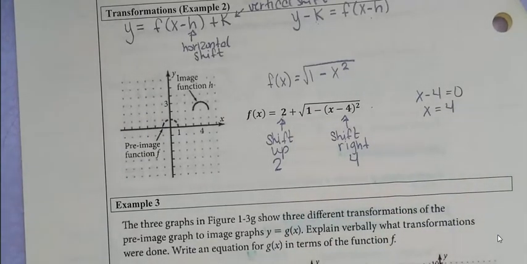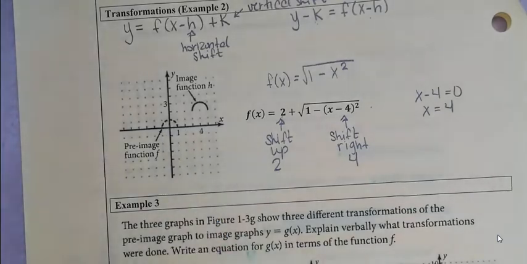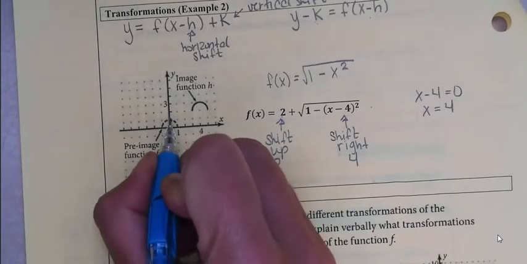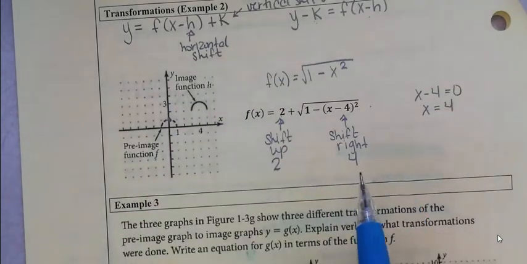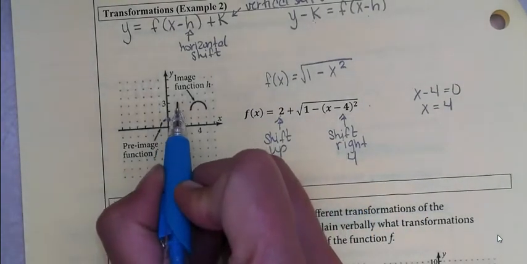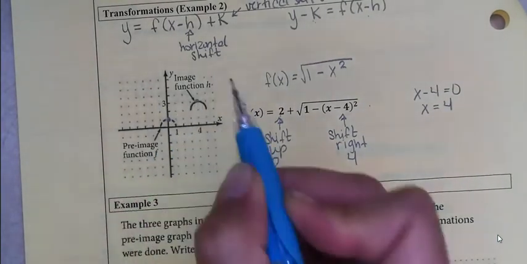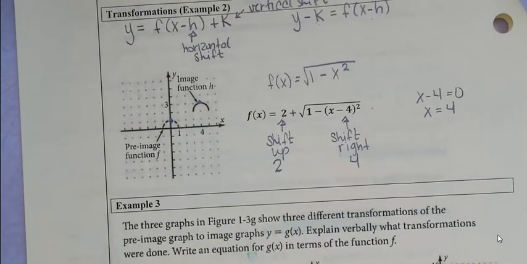Let's see if we agree, if that graph was given to us correctly. Again, I'll take a really easy point, maybe 0, 1. It should have been shifted up 2 units, 1, 2, and right 4, 1, 2, 3, 4. And it is. So I agree.